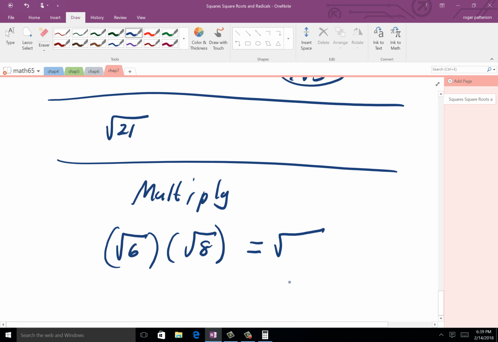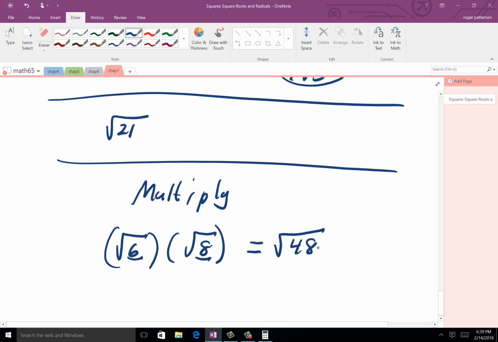It's just going to be the square root of 6 times 8. So we're just going to multiply the numbers that are inside the square roots. Okay. It doesn't get rid of the square root. It's not 6 times 8, and that's the square root's gone. Okay. It's going to be the square root of 48.